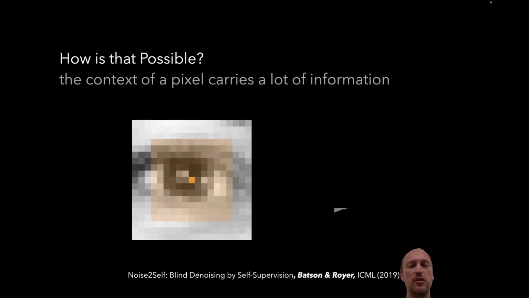As I said, probably by looking at the pixels around that pixel, and this is really the key, because of course we know something by looking at this image. We start to understand things about this image. We understand the structure, even if you don't know what an eye looks like.